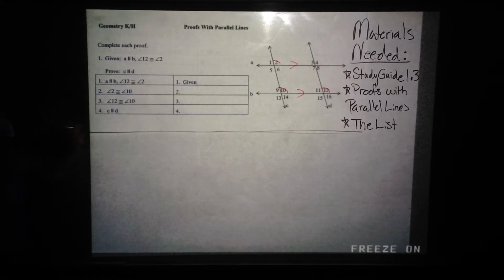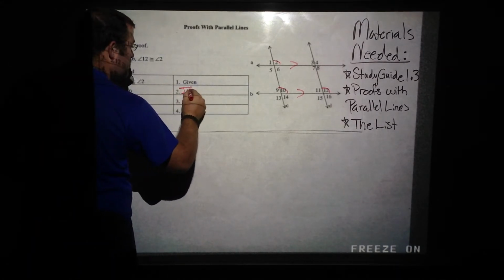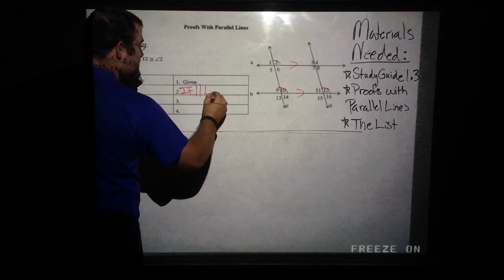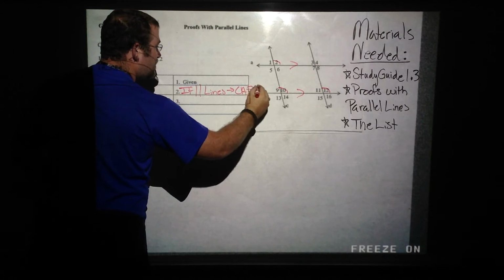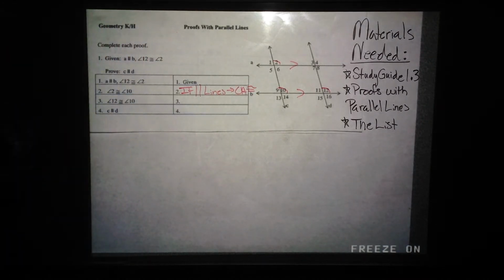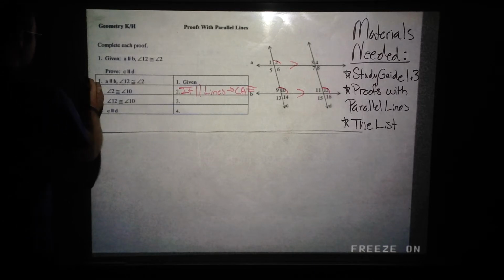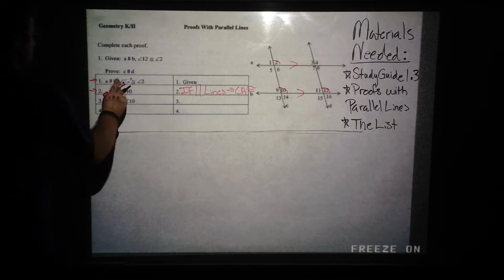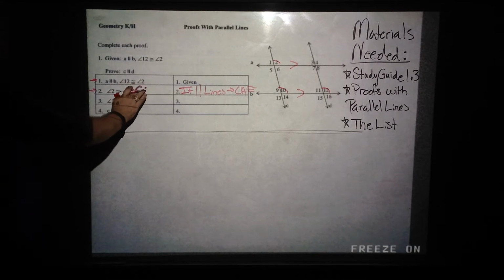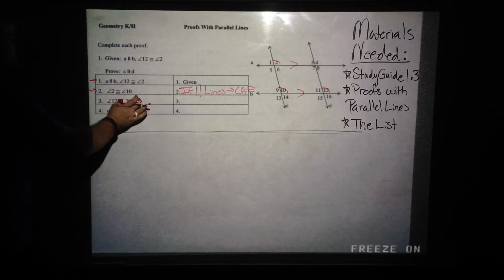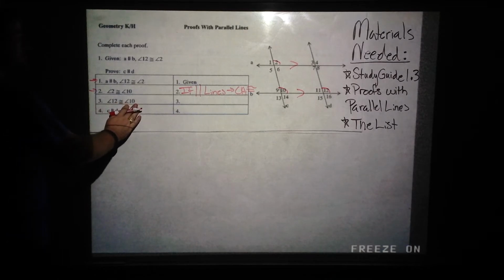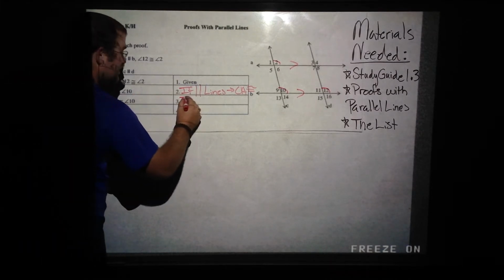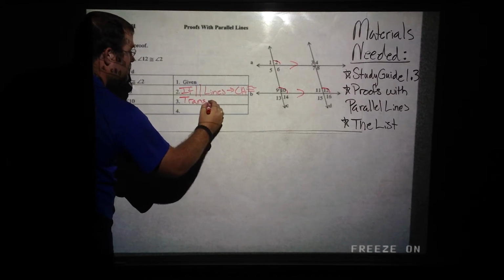So if we look at our list, we have: if parallel lines, then corresponding angles are congruent. Looking at step 1 and step 2, we notice that angle 12 is congruent to angle 2, angle 2 is congruent to angle 10, so then angle 12 is congruent to angle 10. That is our transitive property.